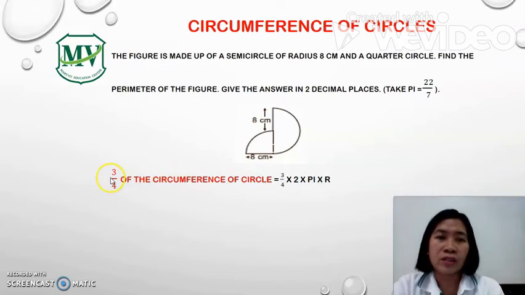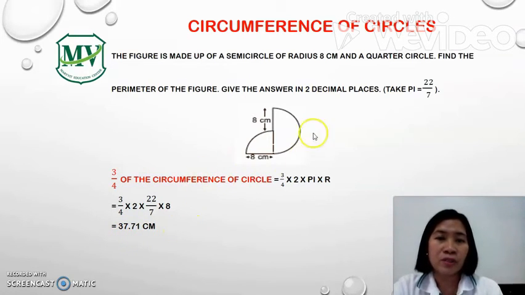So we are going to get the 3/4 of the circumference of the circle, which is equal to 3 over 4 times 2 times pi times radius. So to substitute the values, 3 over 4 times 2 times 22 over 7 times 8. The answer is 37.71 centimeters.